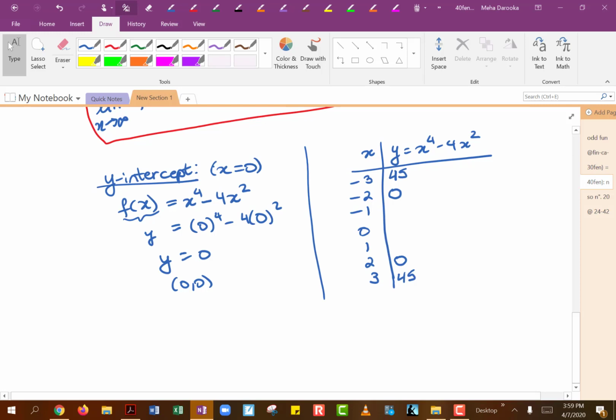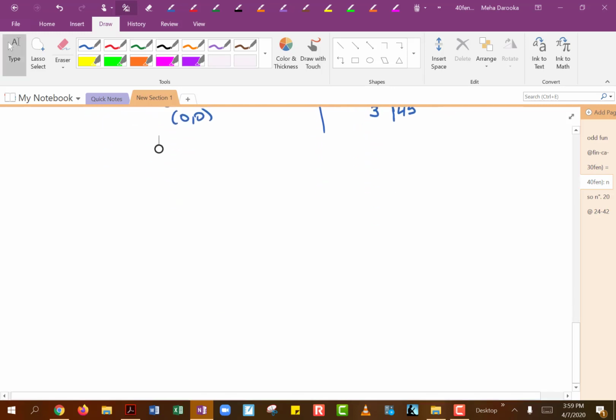So with -1, you are going to get -3 as your answer. So that will be the same thing for +1. And at 0, we have the answer 0, because remember, that's this point that we just found, our y-intercept, which also happens to be our x-intercept. So this should also help us a little bit with the graphing of our function.